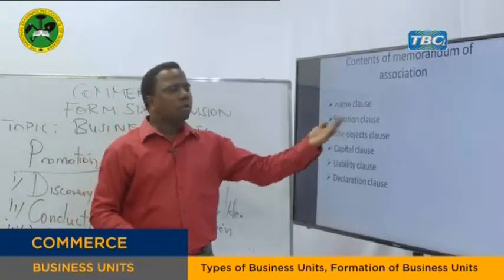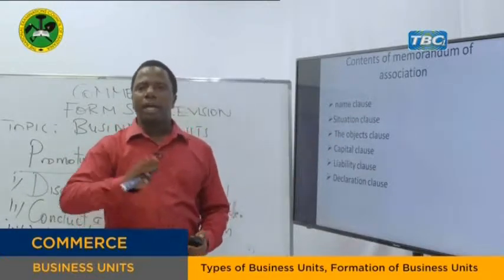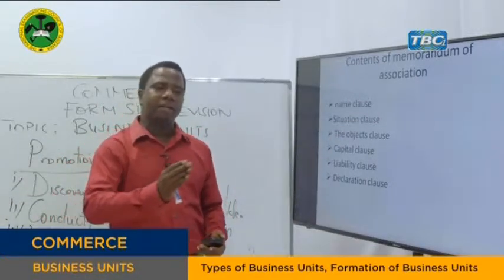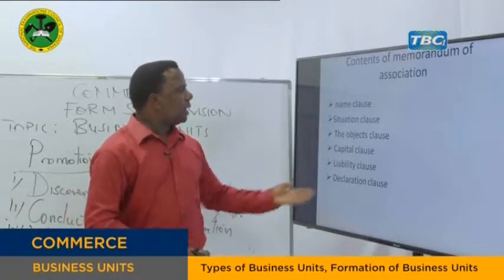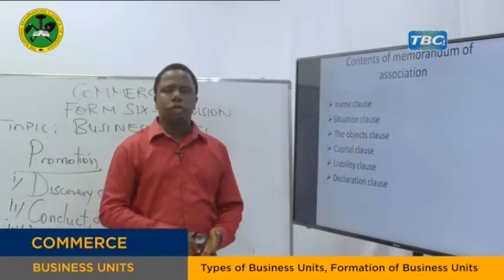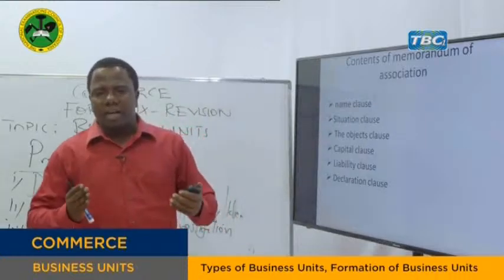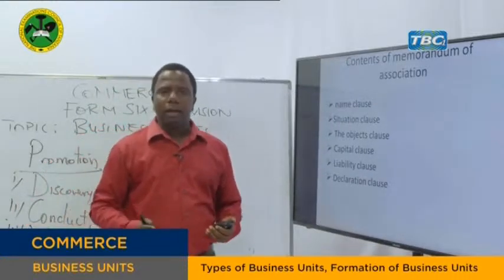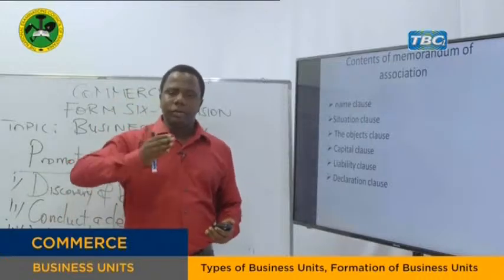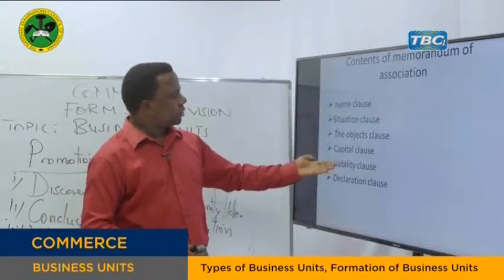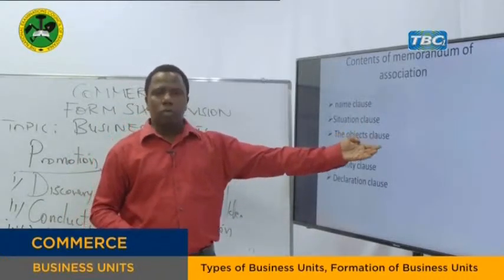Another one is the situation clause. This shows the location of a company, where the company is found, in which region, in which street. While the objects clause shows the main objective of that company, the aim of the company, what the company is doing. So this will be seen in the objects clause.